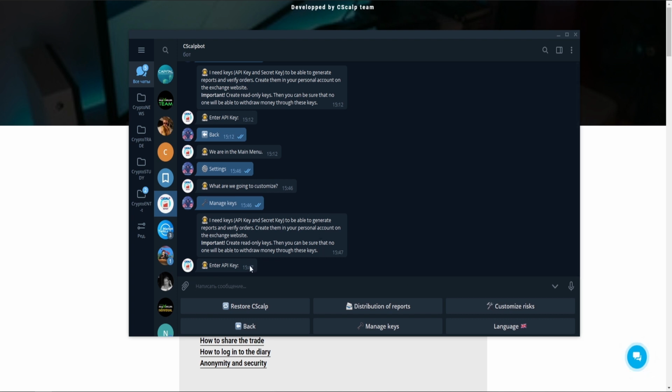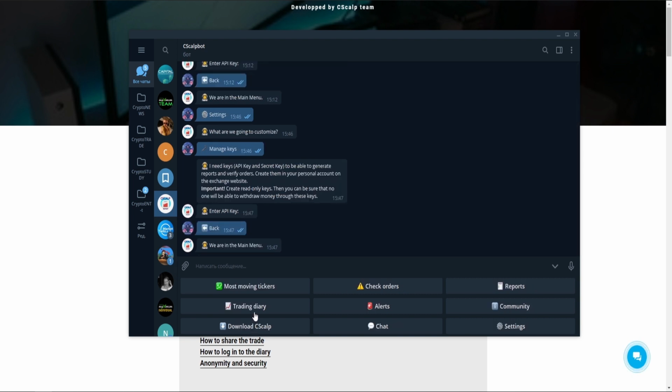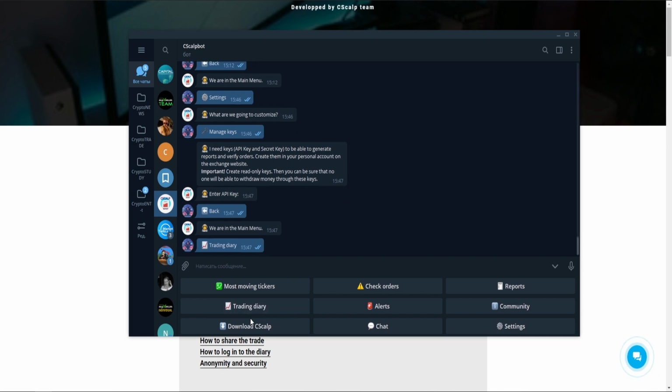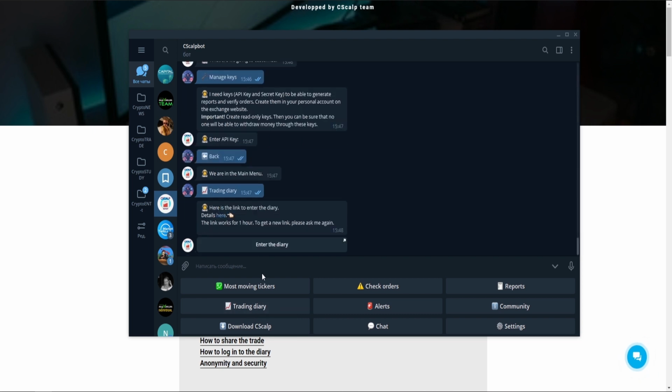Afterwards we have to paste here our secret API, and finally the bot automatically connects the Binance exchange with the trader's diary. So afterwards we click back, and at the bottom a button appears, and it is called trading diary.